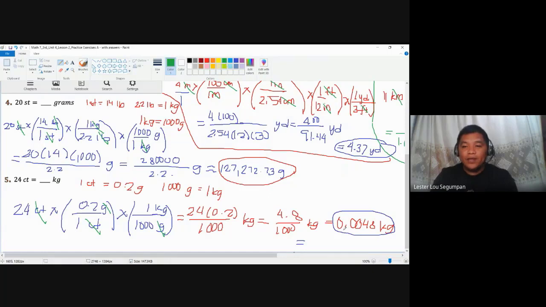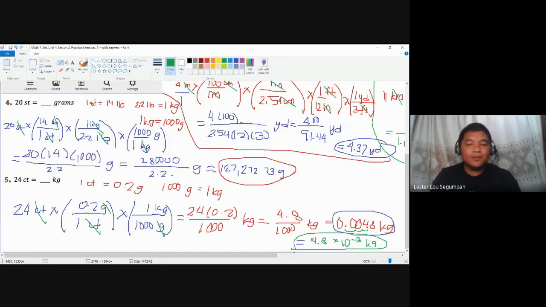By moving the decimal point 1, 2, 3, you will have 4.8 times 10 to the power of negative 3, because you moved to the right. So we could accept the scientific notation or simply this. Don't round this off again because this will become 0 and it will nullify our answers here. So 24 carats is 0.0048 kilograms or 4.8 times 10 to the power of negative 3 kilograms.